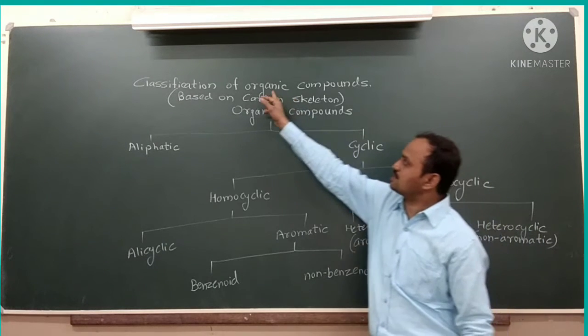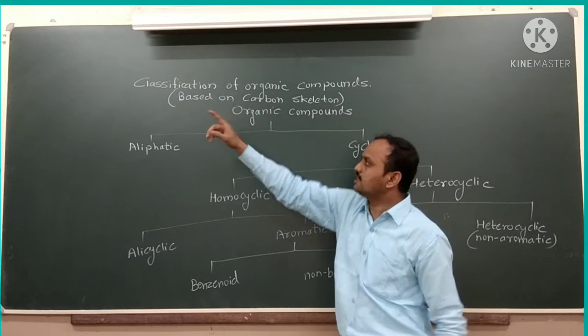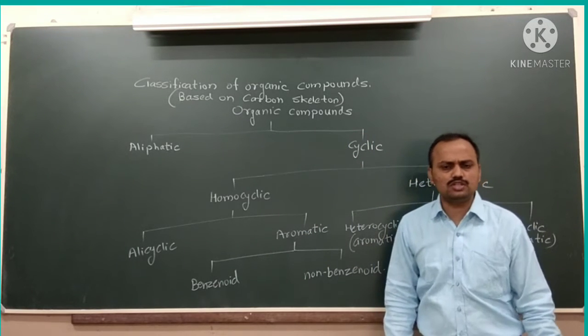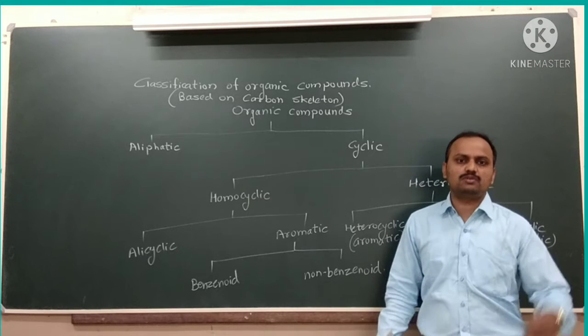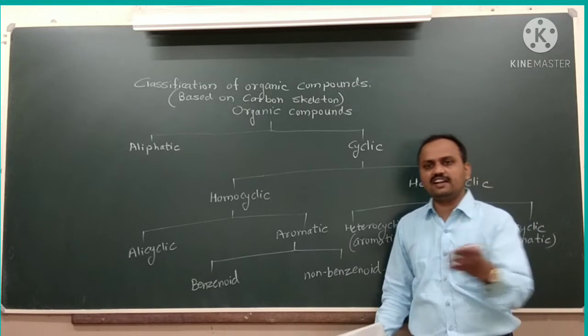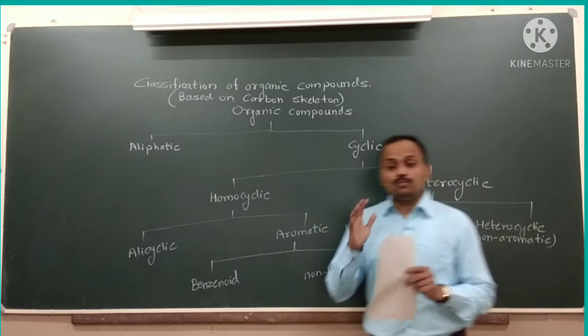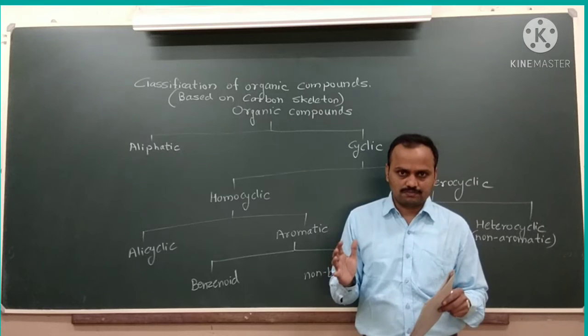In organic chemistry, a very important part of today's lecture is the classification of organic compounds. Students, we have studied so many organic compounds in our 9th, 10th and 11th standard so far, and it is very important to classify them as they are very large in number.